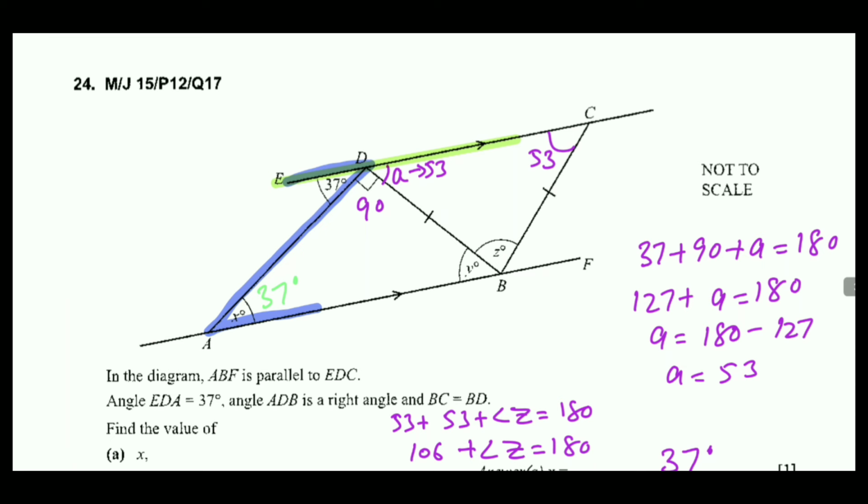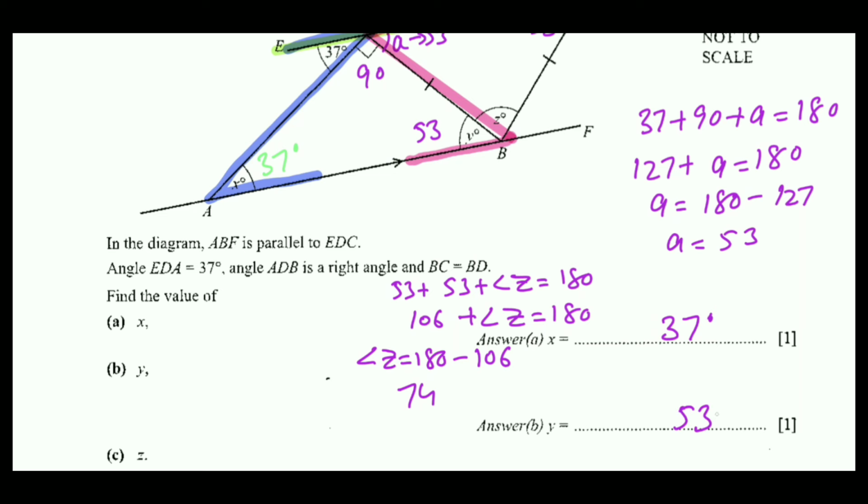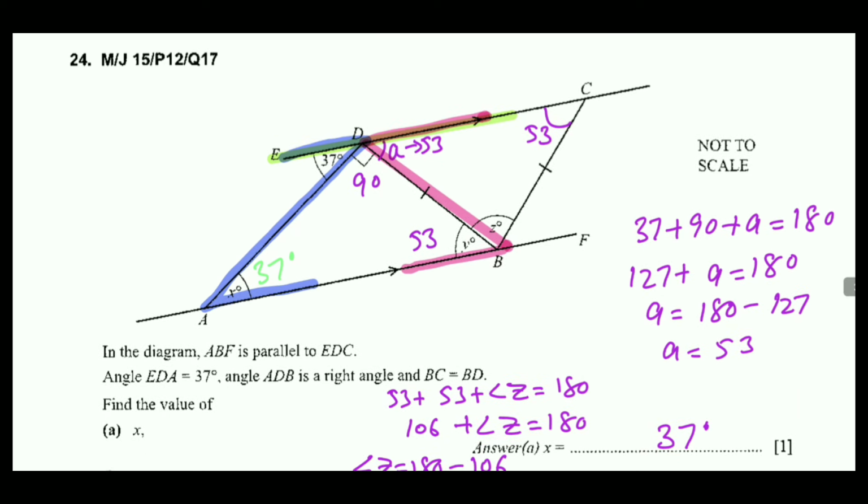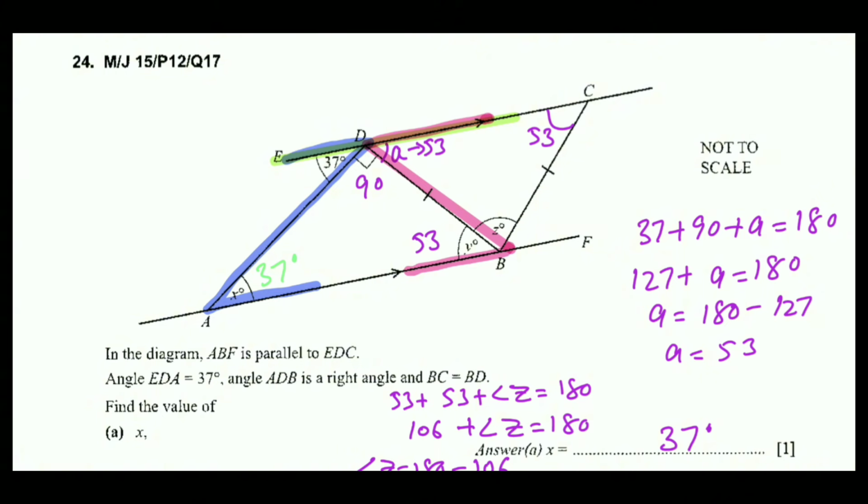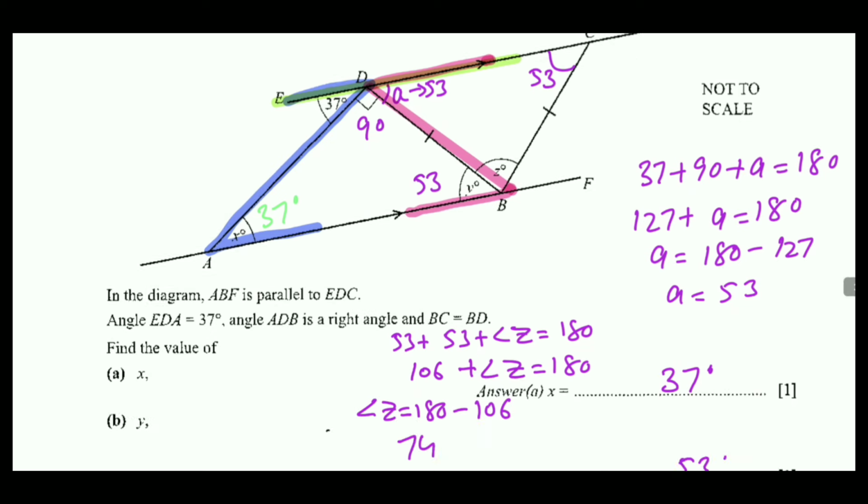We can see this Z, let me highlight it. If that is 53, it means this will also be 53. So this is the way you can find it directly. We have used the alternate angles property, the isosceles triangle property, and the straight line property. These are all the properties that we have used here.